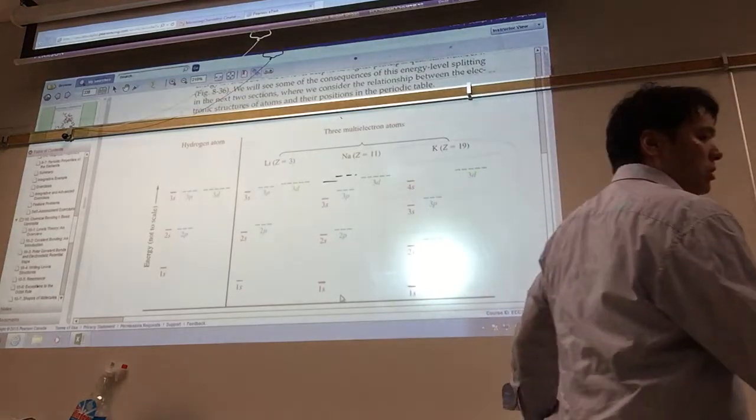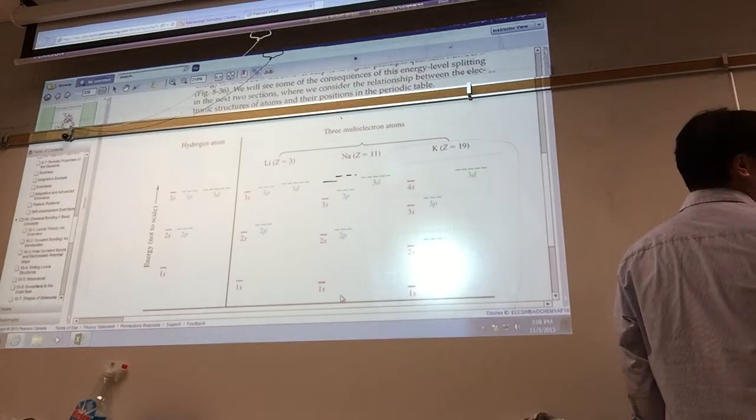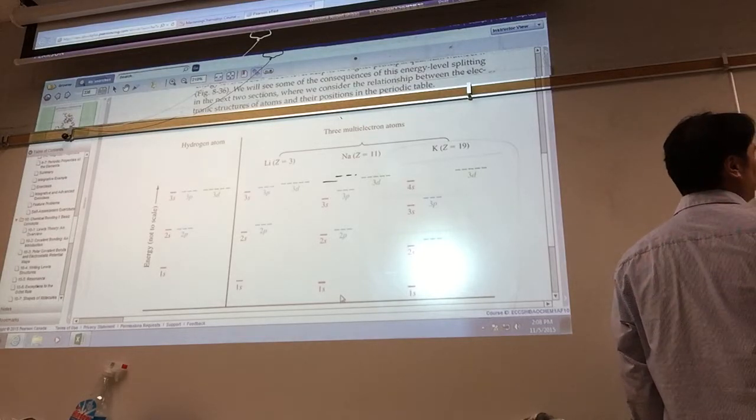So let's go ahead and draw. I'm going to draw the energy level diagram for a multi-electron species. The energy level diagram starts with the 1s orbital. The 1s orbital is also known as the 100 orbital, right? And then after the 1s orbital, we have the 2s orbital, which is a 200 orbital.